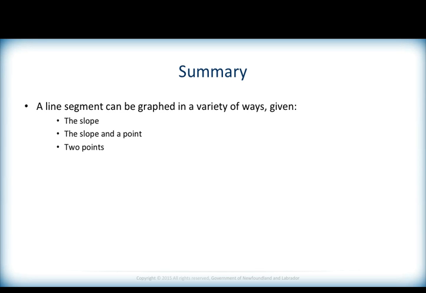When you do this, you will result in the slope, and then you'll go back to the method where you have the slope and a point to graph your line segment. So keep in mind that a line segment can be graphed in a variety of ways, and you may have any situation presented to you.